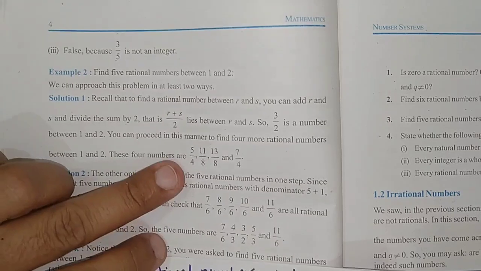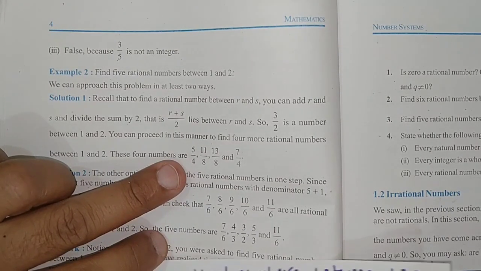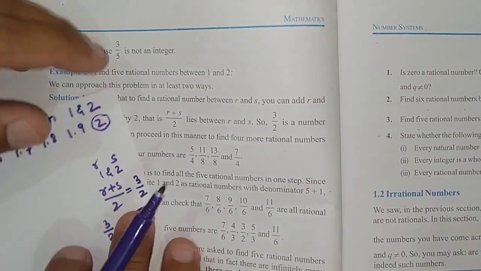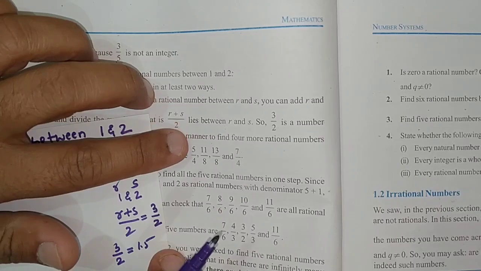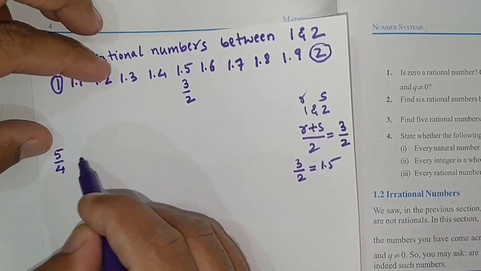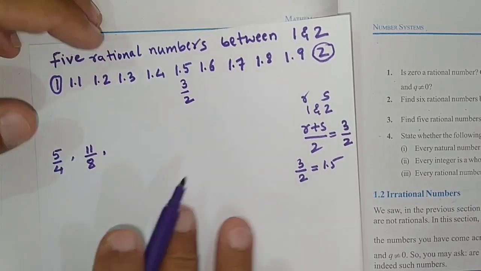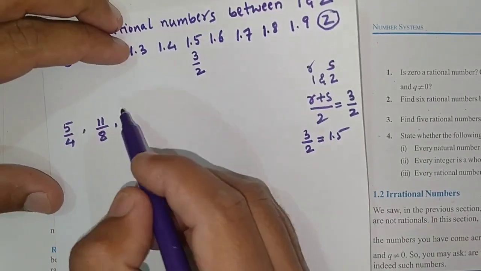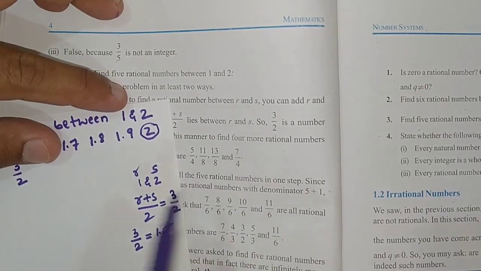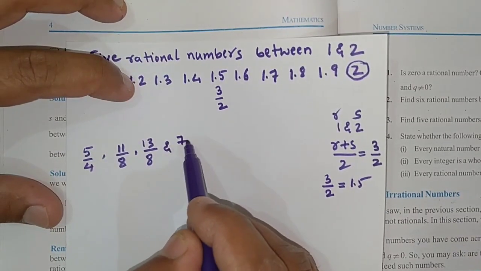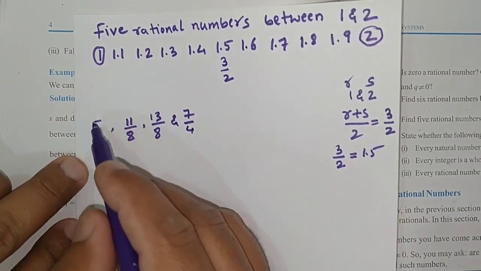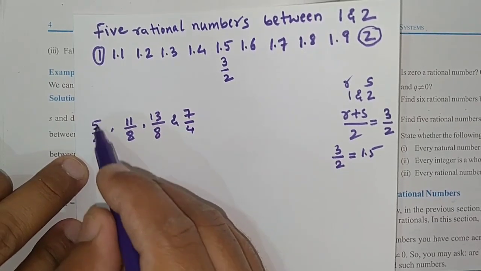Now 4 more rational numbers given in the book: 5 by 4, 11 by 8, 13 by 8, and 7 by 4.